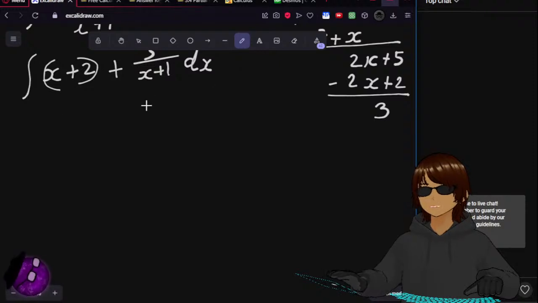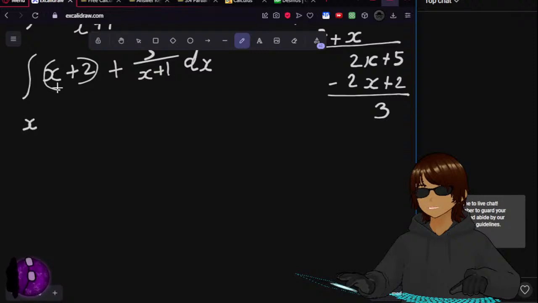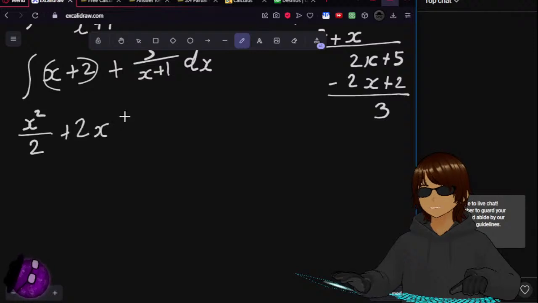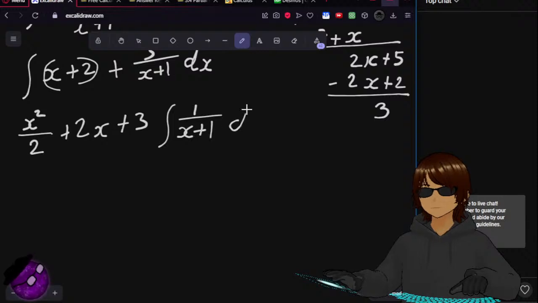So x becomes x square over 2, and then 2 becomes 2x, plus it with 3 integral, plus c, but I will add the plus c after integrating this.